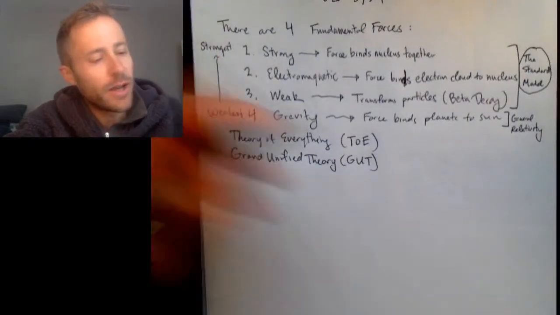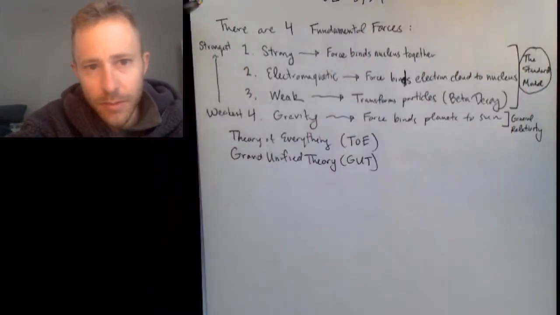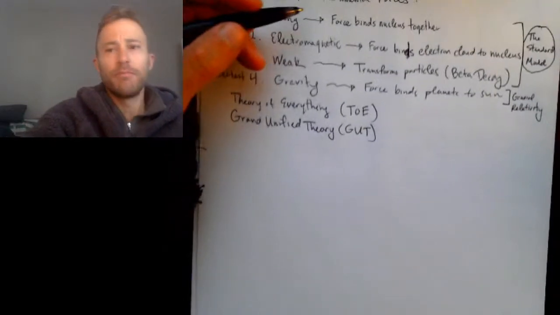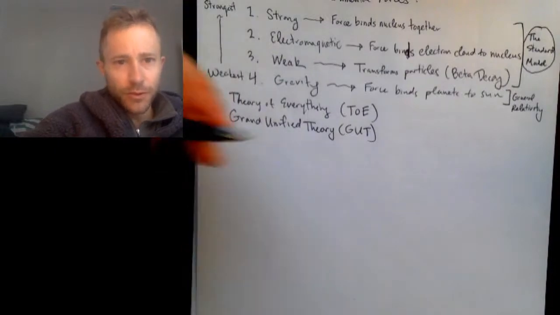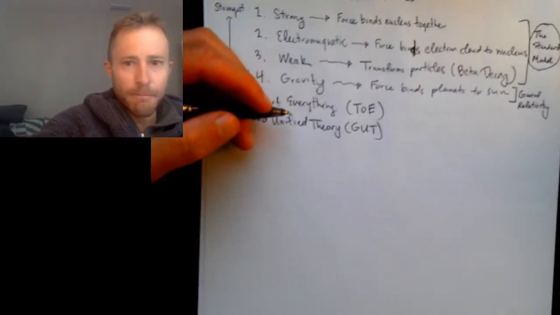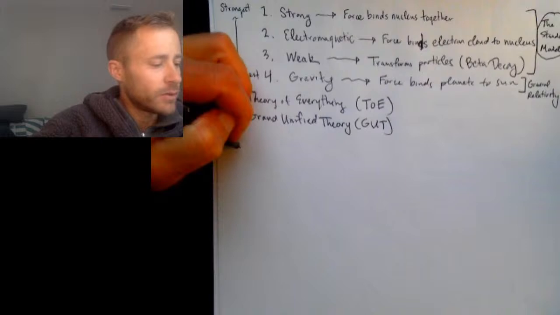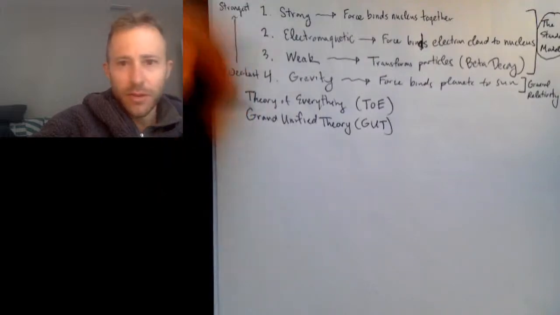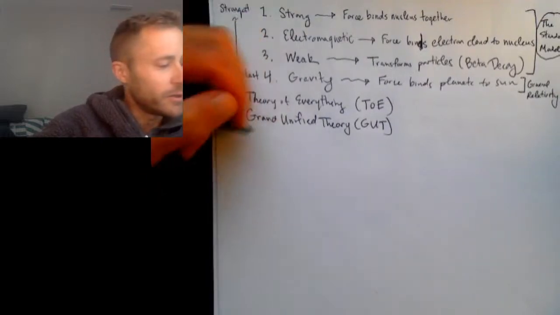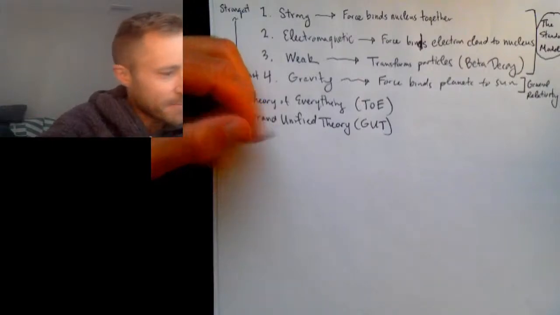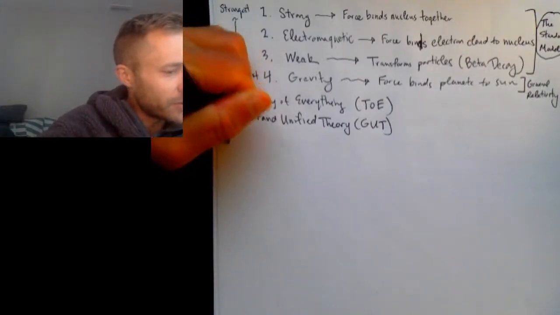So my goal today is to describe the Standard Model to you, okay? The first thing I want to talk about, after that introduction, is how does the Standard Model work?